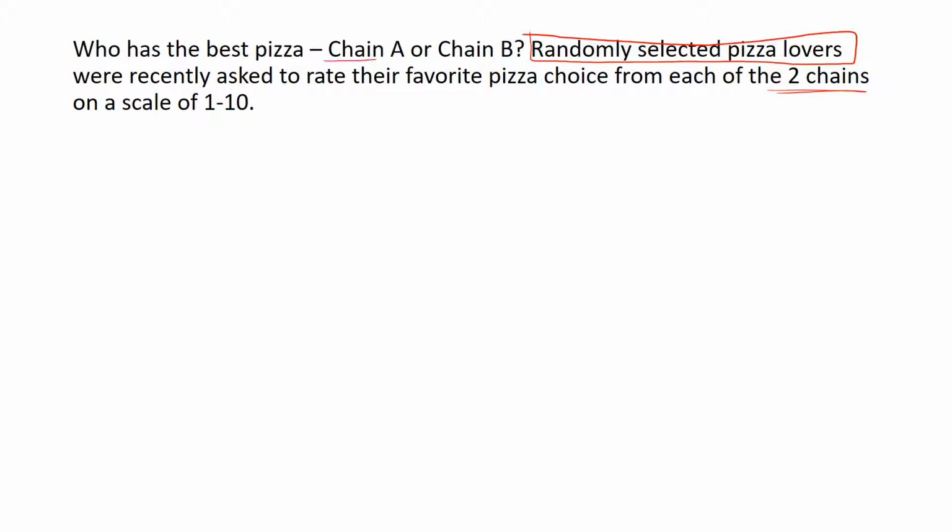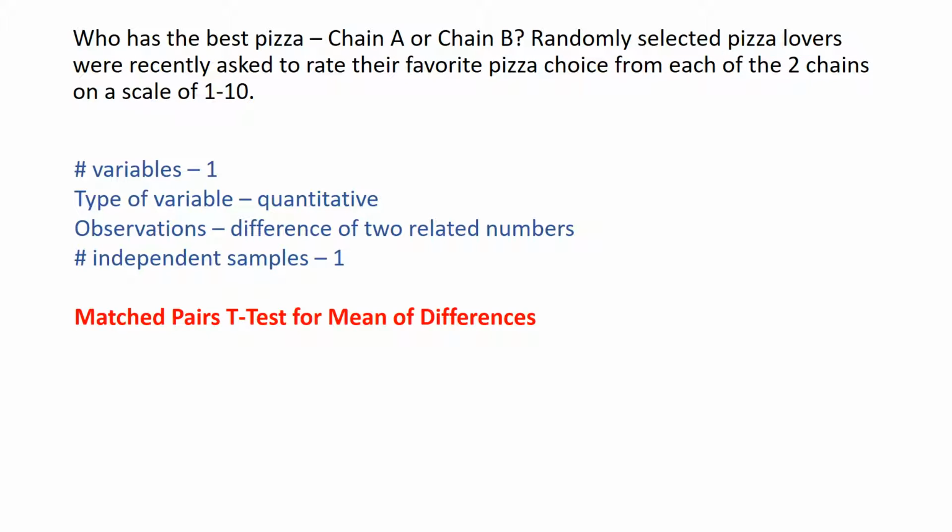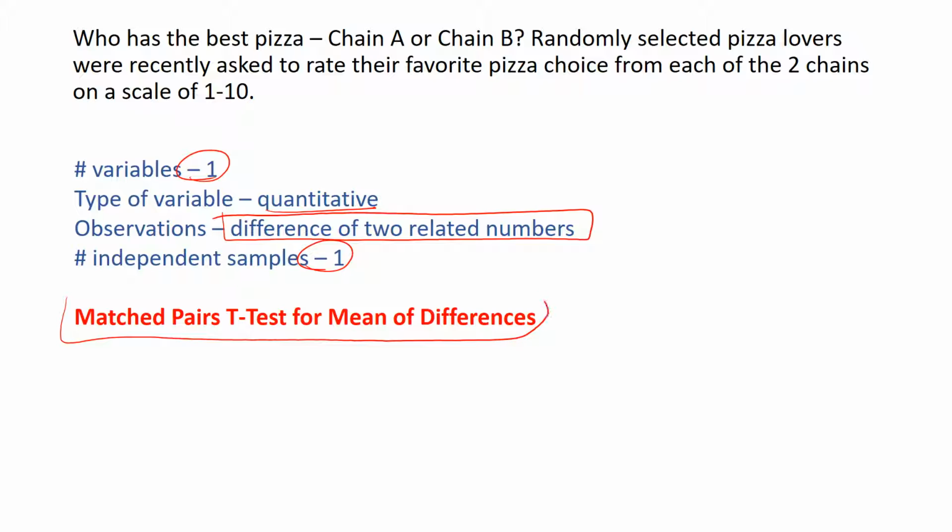So each person gives us a rating for chain A and a rating for chain B, and we're interested in the difference of those ratings. So we have one quantitative variable. Now our observations are the difference of two related numbers, one independent sample. We use a matched pairs t-test for the mean of differences.